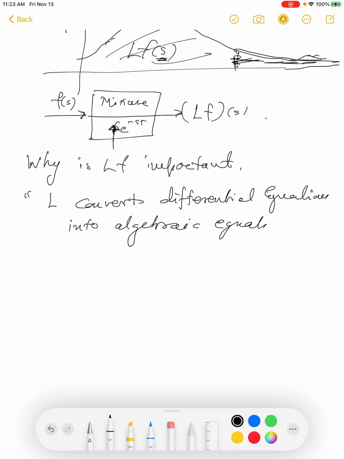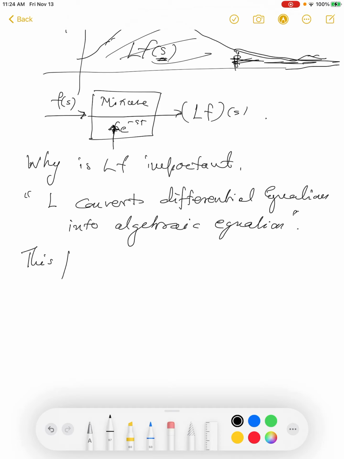This I will tell you as we go along, and this is why to solve a given differential equation, rather than looking at the differential equation which f satisfies, you look at the Laplace transform of this function. Then it will satisfy an algebraic equation which will be easier to solve. And then once you solve that, you go back to finding the function f which you were interested in. So this is the idea of solving a differential equation, which I will comment on a bit later.